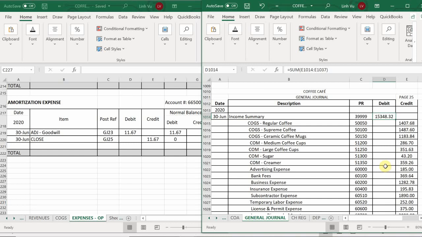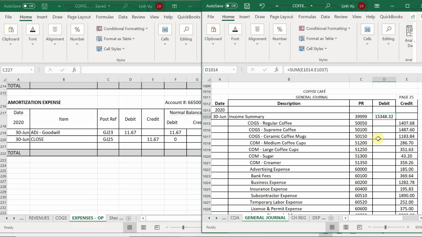I got what you got, the 15,348.32. Okay. Same here. Okay. So you could have typoed somewhere in one of these numbers, because you're off by 300, right? I got it on 369. Oh, okay. Perfect.